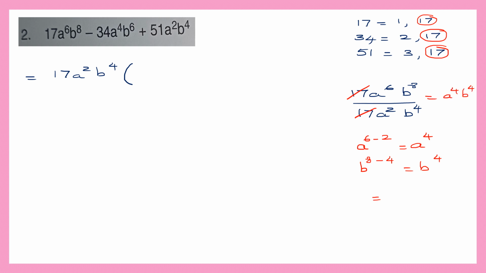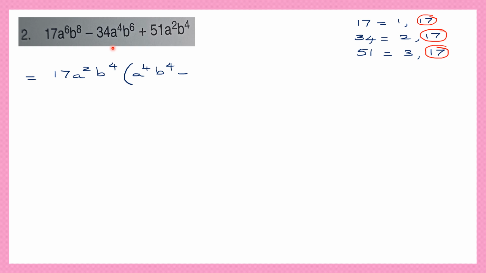So let's write that a to the power of 4 and b to the power of 4 minus, now we take the second term and divide it by this. So let's take the second term, 34 a to the power of 4 b to the power of 6 by the common factor, which is 17 a square, a to the power of 4. Now 17 and 34, 17 twos are 34. So the number is 2.